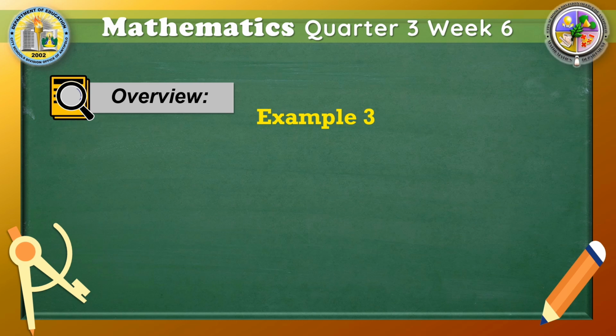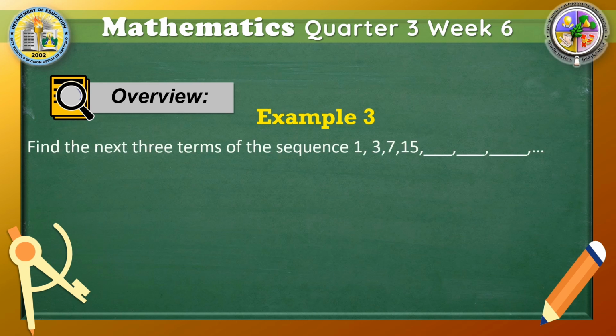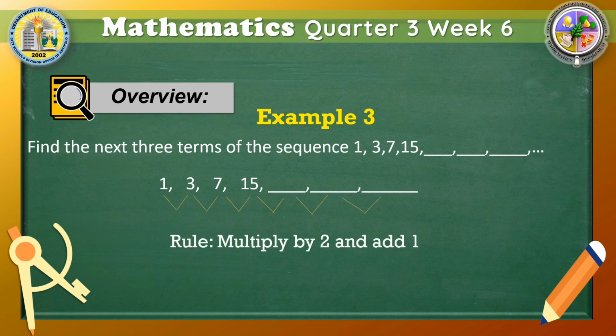Example number 3. Find the next three terms of the sequence 1, 3, 7, 15. What rule can you formulate to find the missing terms? The rule here is multiply by 2 and add 1.